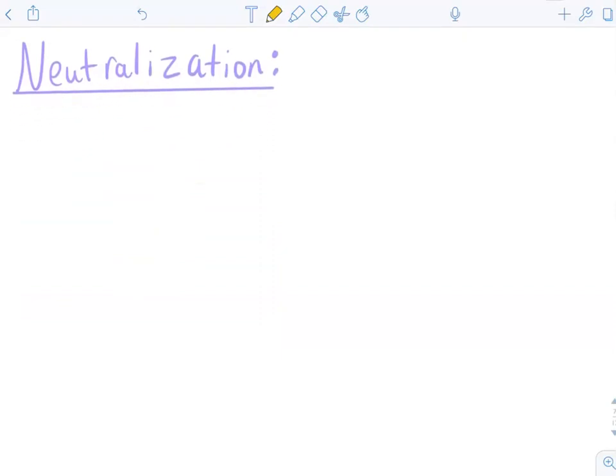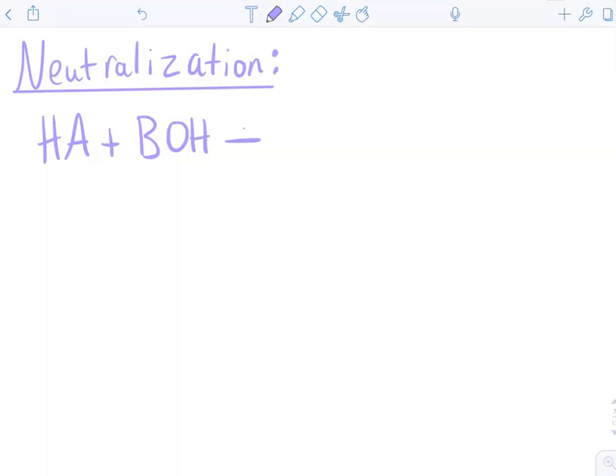Okay? And then our next one is going to be neutralization. And so neutralization has to do with acids and bases. So the generic form of this is going to be HA plus BOH is going to form H2O and then a salt. And that salt is going to be the AB.